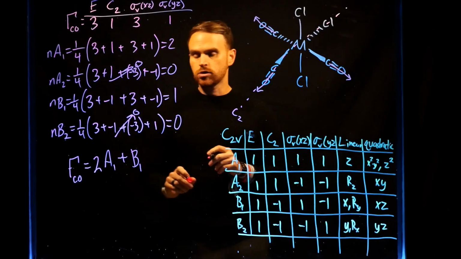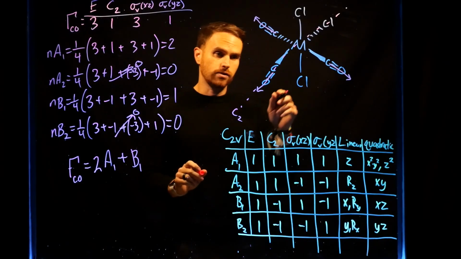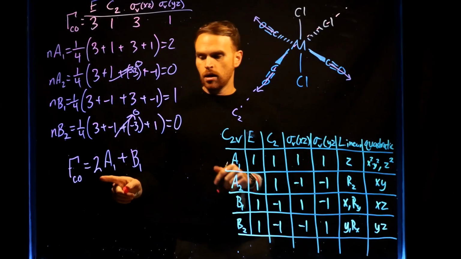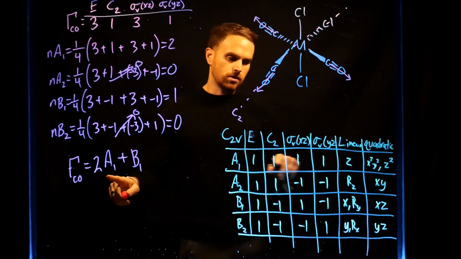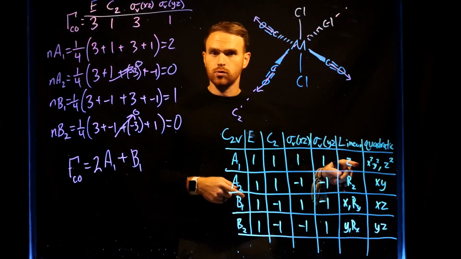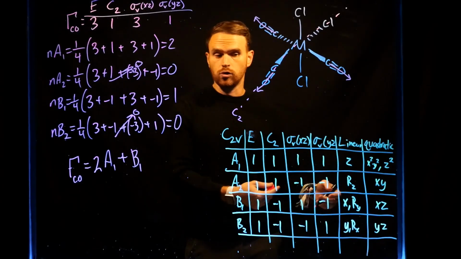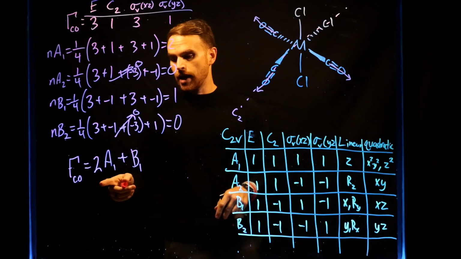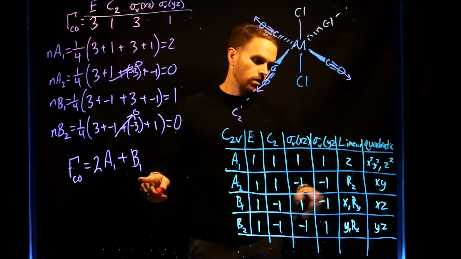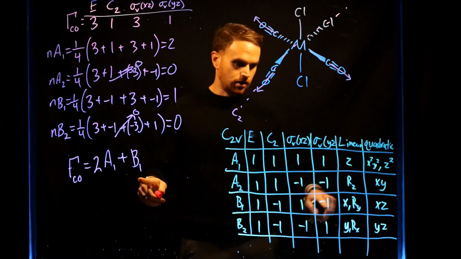Now we need to determine how many IR peaks to expect for this molecule for the CO stretches. We go to A1 and we go to the linear function and we see if there's an X, Y, or Z there. And it turns out that there is a Z, which tells us that there's going to be 2 peaks for these. And then we go to the B1 and we see that there is an X there.